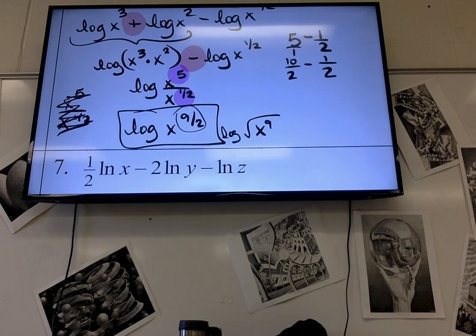I had to change it to the square root. So don't change it to the square root. I wouldn't until the end, because then it's going to make it harder. Well, you'd have to go back.